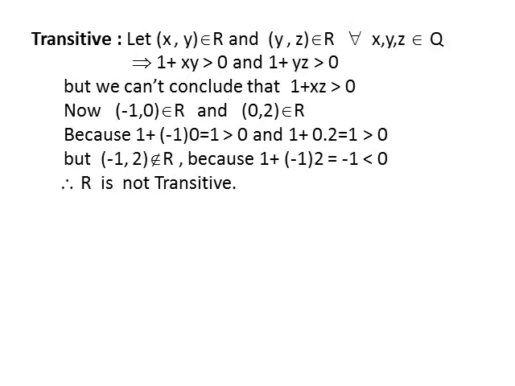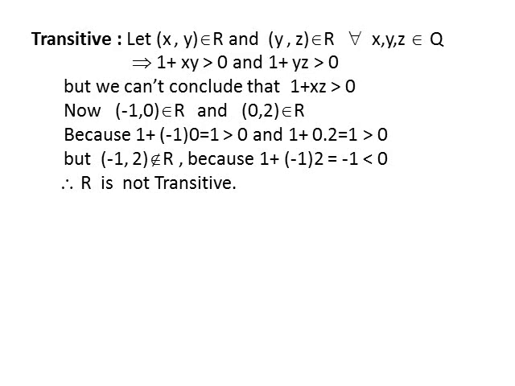For transitive, let the ordered pair (x, y) belong to relation R and ordered pair (y, z) belong to relation R. This implies that 1 plus x times y is greater than 0 and 1 plus y times z is also greater than 0. But from this, we can't conclude that 1 plus x times z is also greater than 0.